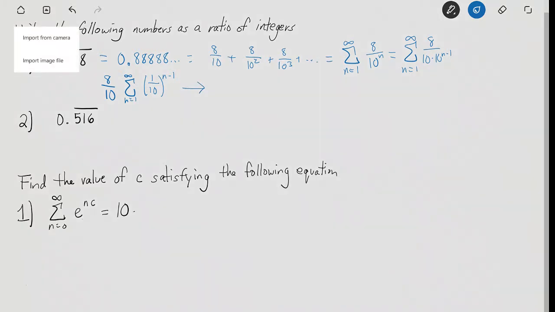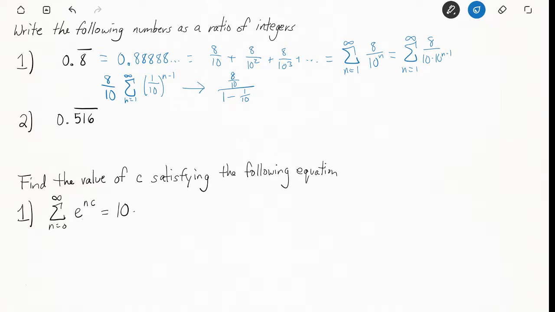So this whole thing becomes 8 over 10 over 1 minus 1/10. Now we can take that 10 on down and see what happens. So this should become just 8, and then we have 10 times 1 minus 1/10, which is 10 minus 1, so this becomes 8 over 9, which is what you might already have known.